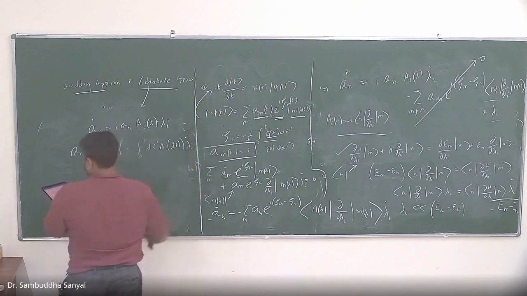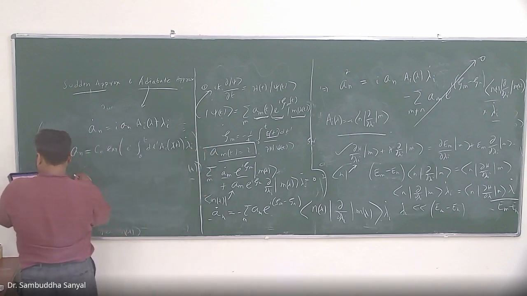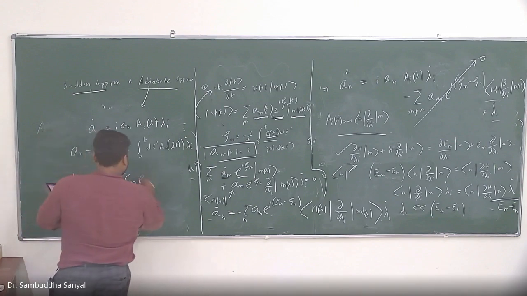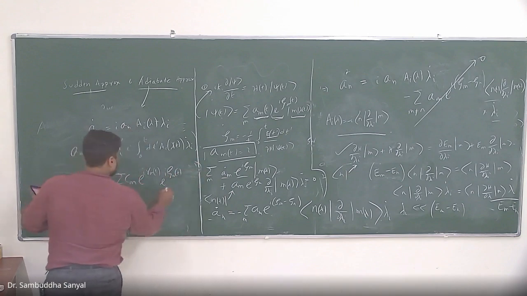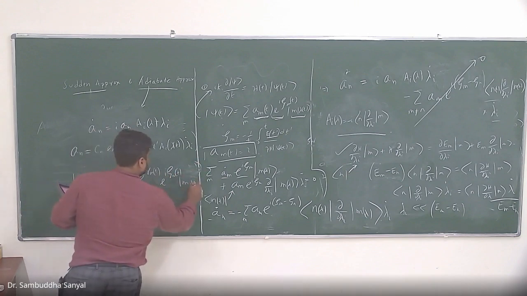So that means I just got the result that psi t is Cm e to the power I gamma mt, e to the power I zeta mt, times m lambda t.